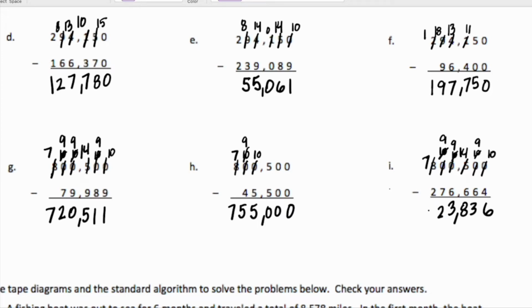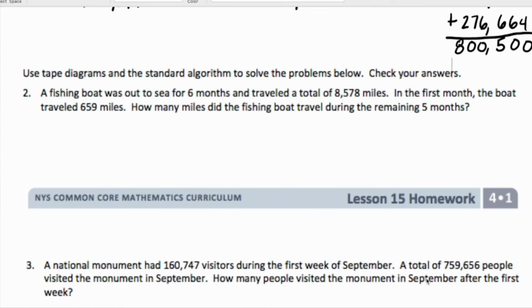And 7 minus 2 is 5. 523,836. For number 2, we're going to use tape diagrams and the standard algorithm to solve, and we'll check our answers with addition. A fishing boat was out to sea for 6 months.